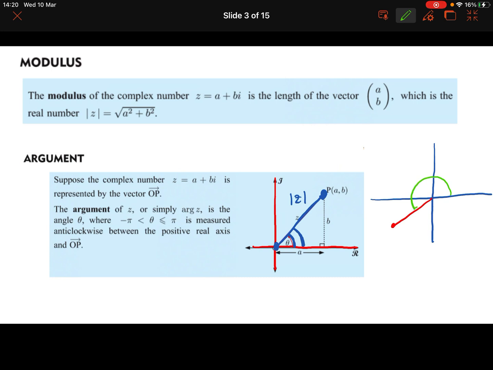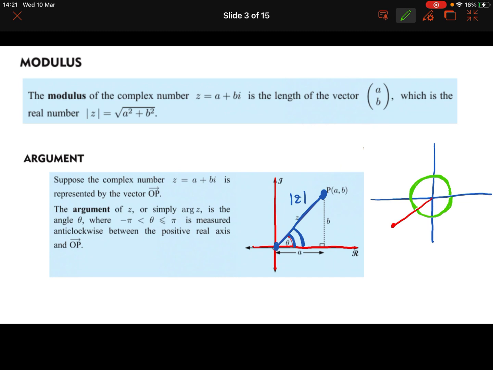Okay, always from the positive real around in an anti-clockwise direction. You can do it in the other direction if you want. Obviously, it will be just slightly different. Again, that will be useful in a minute, so just bear that in mind. We could have measured it this way and we'd have got the same answer, but we tend not to. We tend to do it like this. Okay, hope that makes sense.